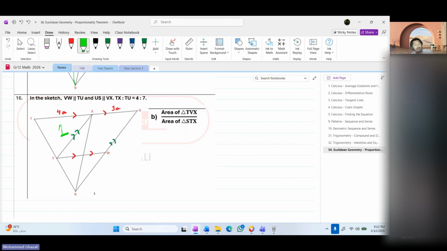What is this? Is this common height? STX and TVX. Yeah, it can be a common height because look at the base on this side now. The bases will be on this side. There's a common height problem.